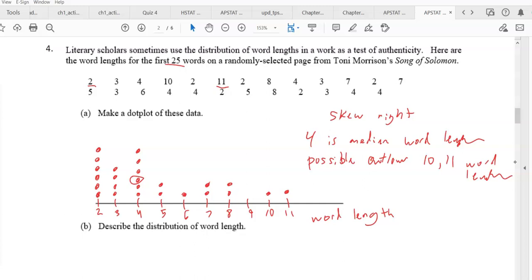It looks like the variability is from 2 to 11. Again, that's the word length from 2 to 11. Okay, and close it.